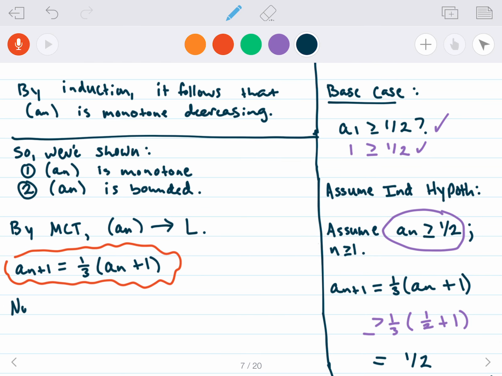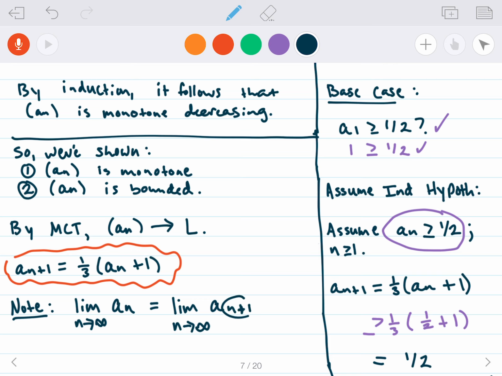So note, this is an important concept to understand, that the limit as n goes to infinity of a sub little n, okay, so we're saying that this does have a limit, it exists, and it's some capital L. So note that this is going to be exactly equal to the limit as n goes to infinity of a sub little n plus 1, right?